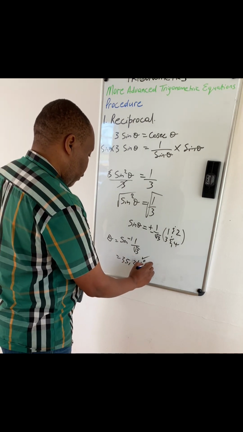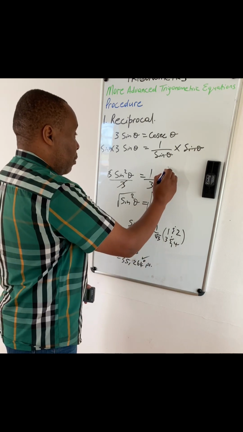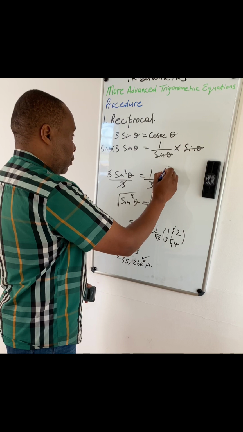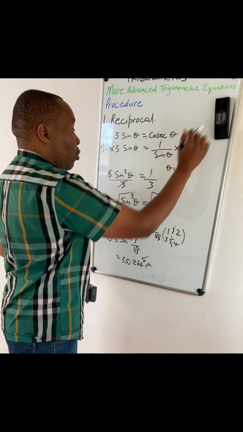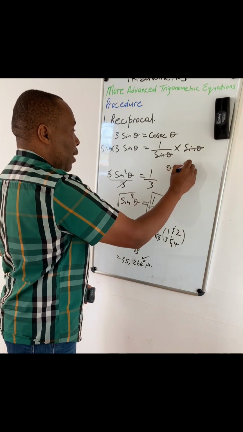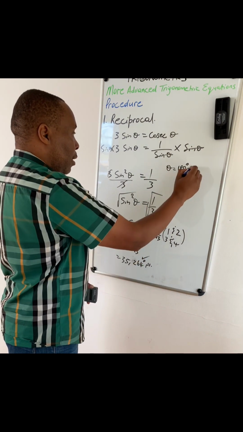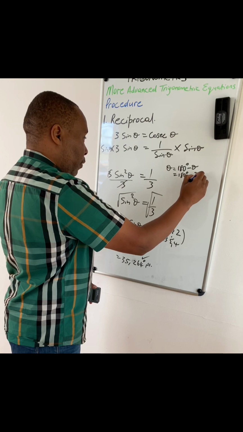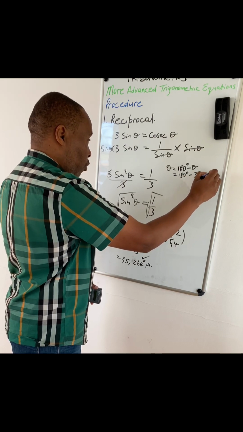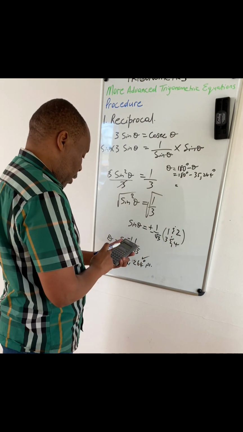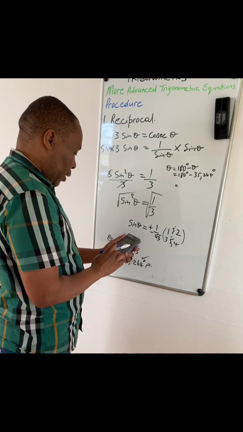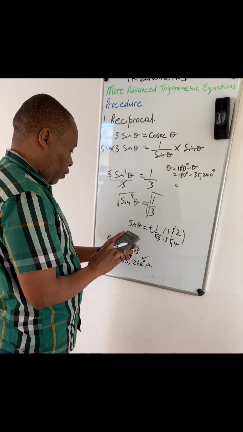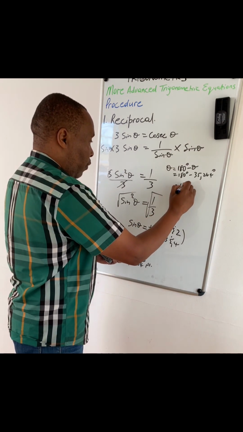And then we come to the second quadrant, where we'll have theta being equal to 180 degrees minus the angle, which is 180 degrees minus 35.264 degrees.